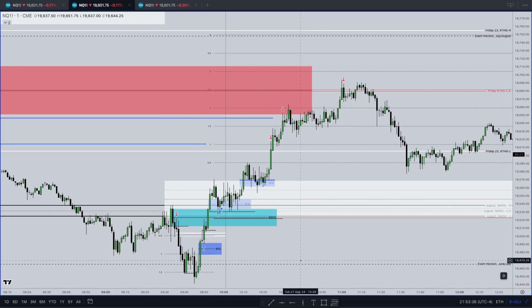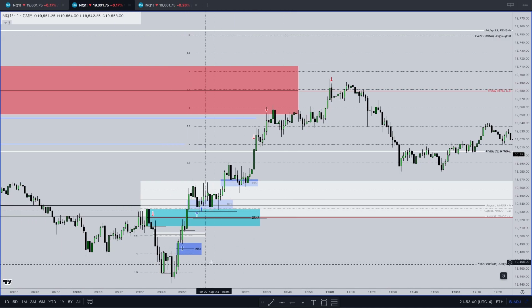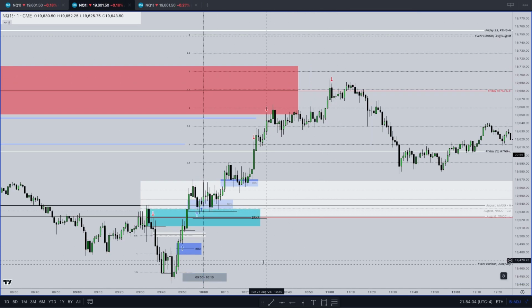I'm thinking in the power of 3 of the 10 a.m. candle also. So if you think this is the 10 a.m. opening here, I want to buy just of the macro of the 9:50 to 10:10. That is this. Let's put 9:50 to 10:10. Okay, so this is the macro.